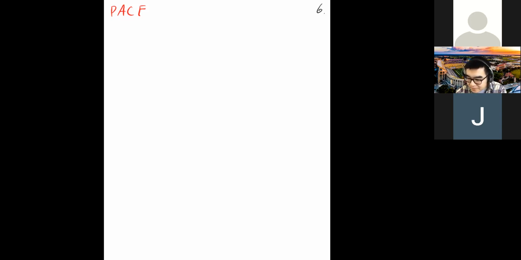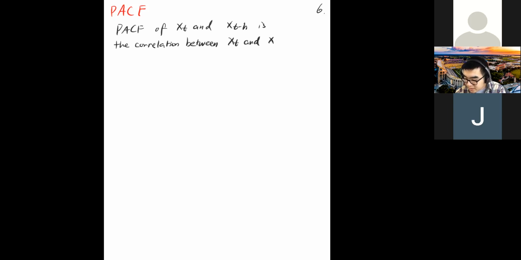The PACF of xt and xt minus h is the correlation between xt and xt minus h, conditioning on everything between them.